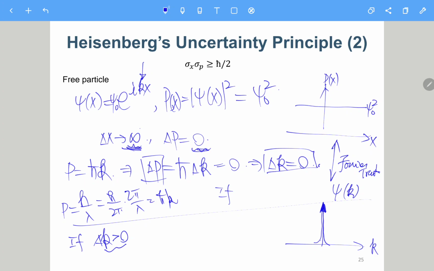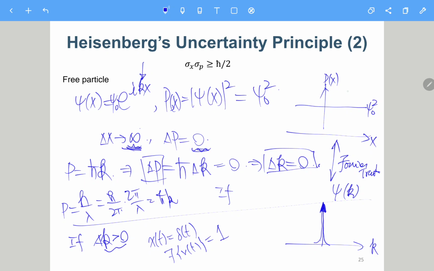Because when you learn signals and systems, you know for a delta function x(t) equals delta(t), when you take the Fourier transform of x(t), it becomes 1 in the frequency domain. And vice versa.